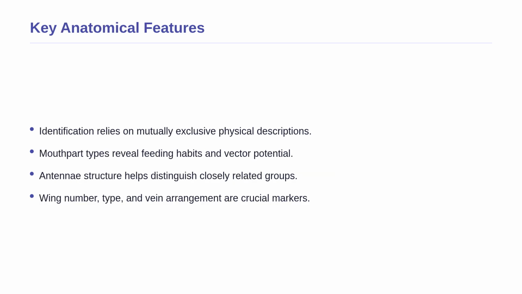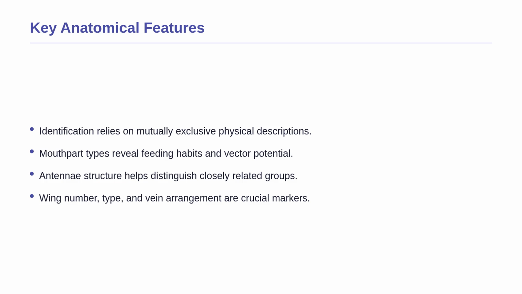Building on the idea of dichotomous keys, let us explore what we actually look at when identifying an insect. We cannot just glance at a bug and guess. We must examine specific anatomical traits. Key identification features often include the type of mouth parts, which tell us how the insect feeds.